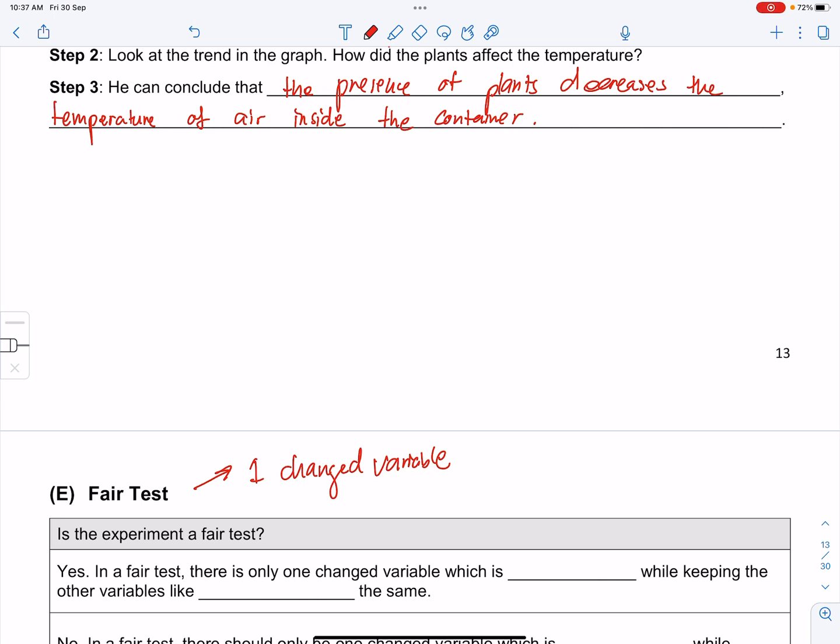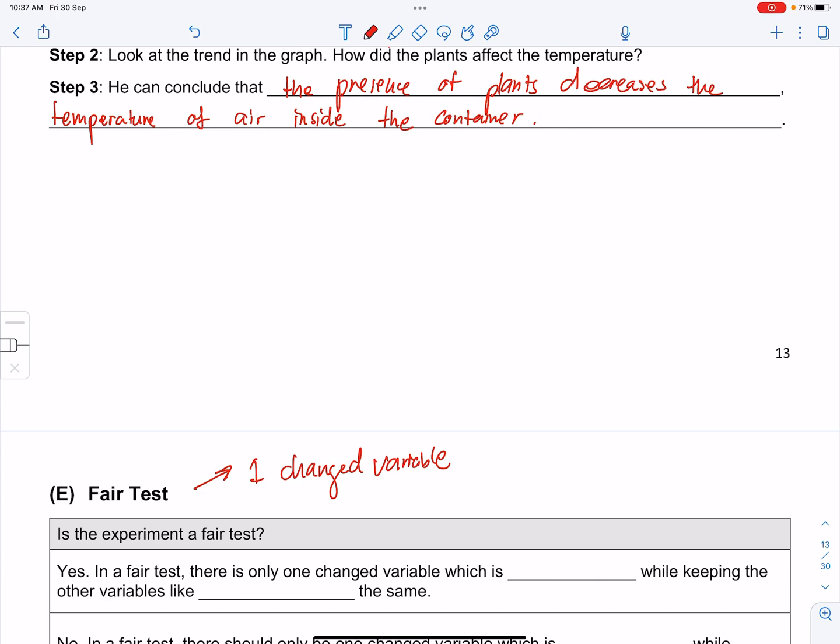So you will say this is to ensure that the exposed surface area of the water in the container is exactly the same, hence ensuring that it is a fair test and the results are due to the change variable only, which is the temperature.